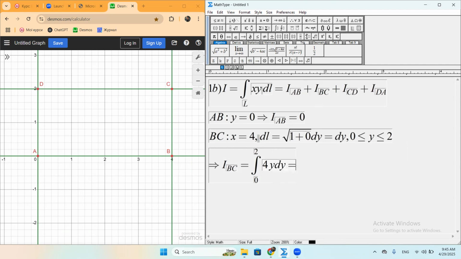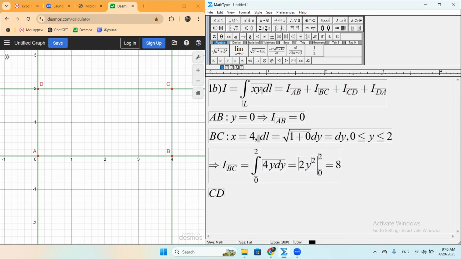So it equals 2y squared with the substitutions from 0 to 2. So it will be equal to 8.